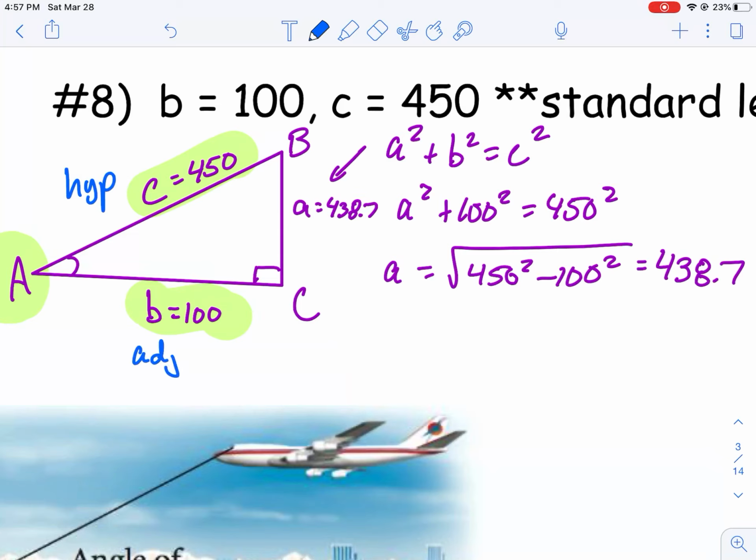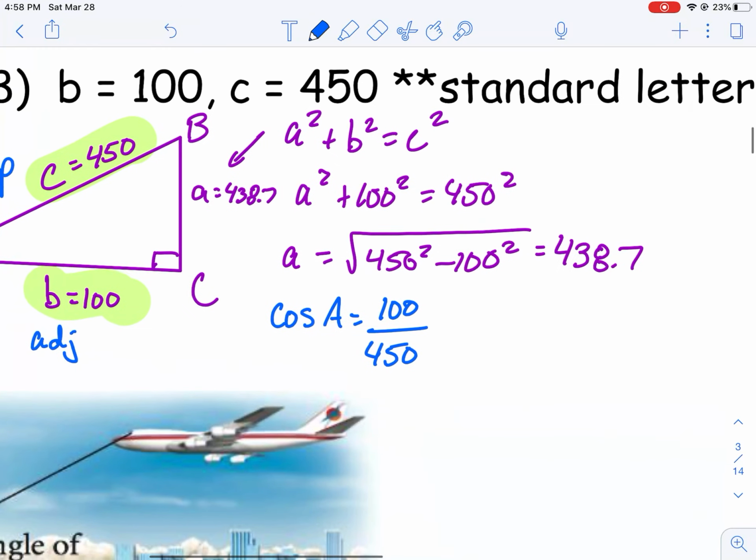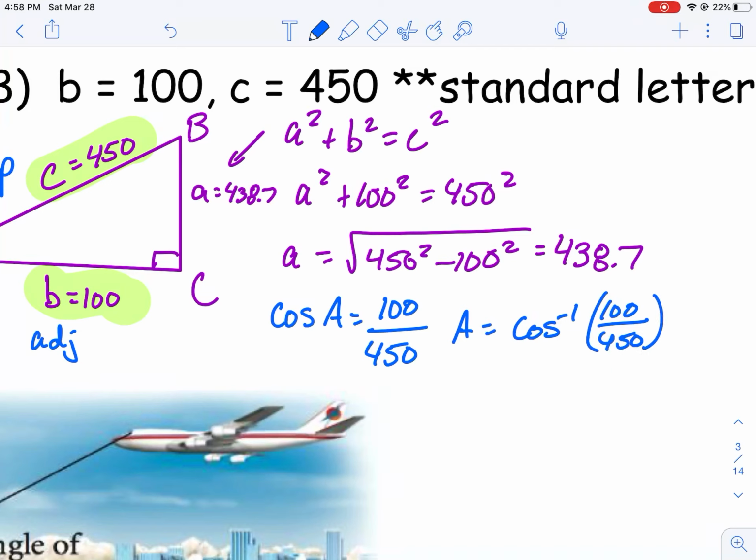And B is the adjacent side. So which trig function should I use? For this one, I'm going to use adjacent and hypotenuse. I need to use cosine of angle A equals the adjacent side over the hypotenuse. To find A, we need to solve and use the inverse cosine of this ratio to get the angle.